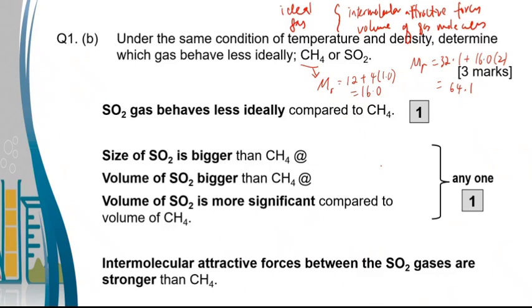This is because van der Waals forces increase with molecular size. Sulfur dioxide has a bigger molecular size, therefore it exhibits stronger van der Waals forces between the molecules. The allocation of marks is as shown on the screen. Together they are 3 marks.